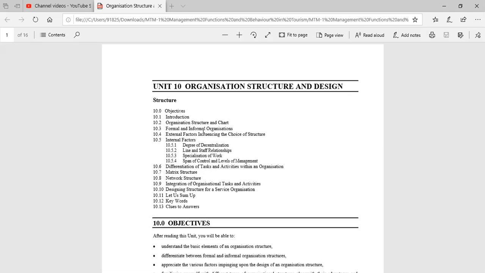Organization structure and design means how the organization is made, the hierarchies, the working style, the responsibilities, who has what responsibility, who has what duties. So that is basically the structure and design. So how the organization is set up from low level to the top level of the management. Okay. That is called organizational structure and design.